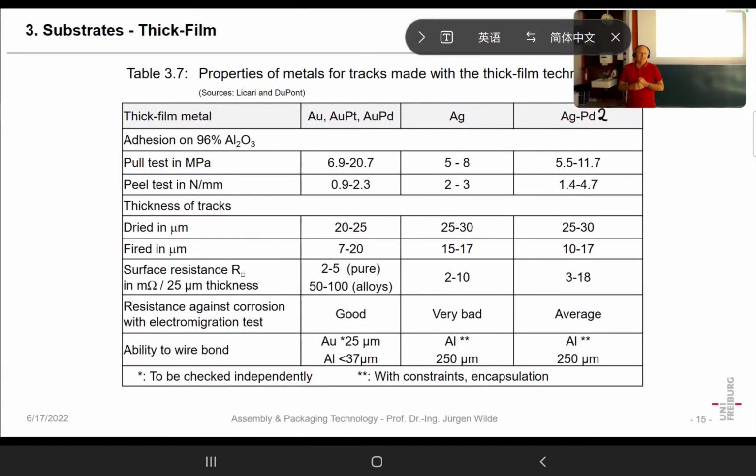What is another advantage of silver? Silver is best at which properties?